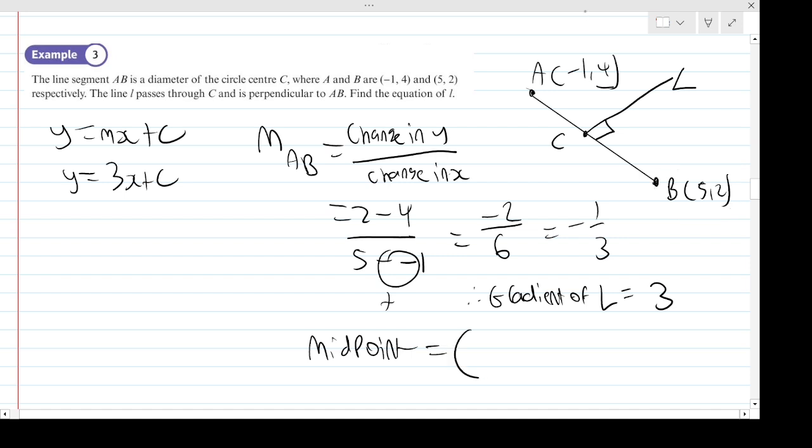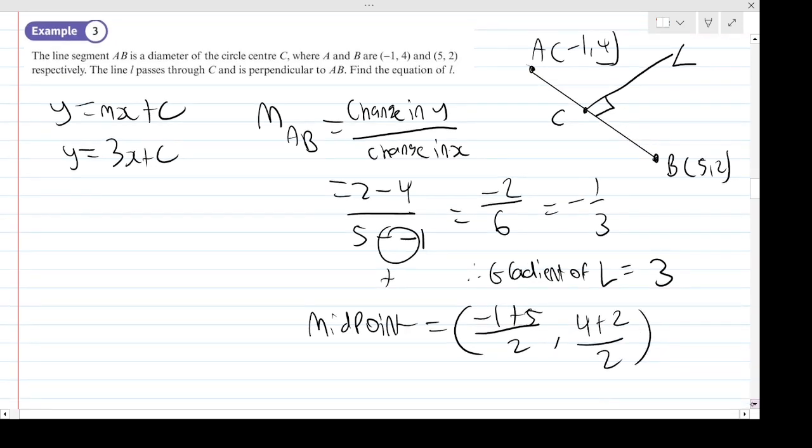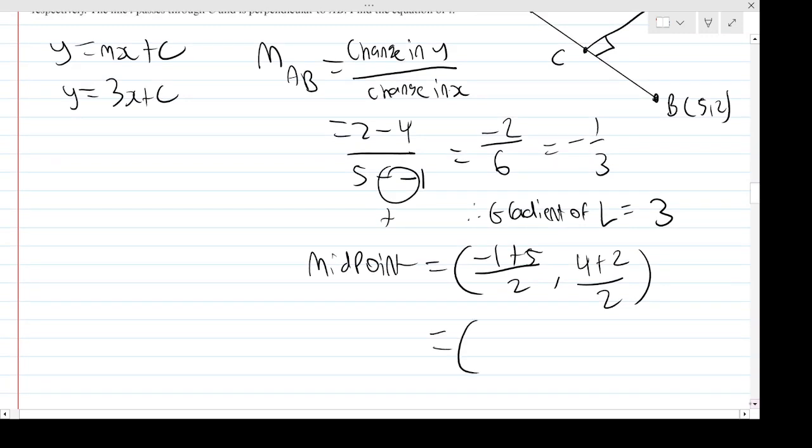The midpoint is where you add the two x values of A and B together, so minus 1 add 5, all over 2. So take the average. Then we add the y values together, so 4 plus 2, again over 2. Then we can work that out: 5 minus 1 is 4 over 2, that'd be 2. 4 plus 2 is 6 over 2, that'd be 3. That's our midpoint, but therefore our centre is 2, 3.